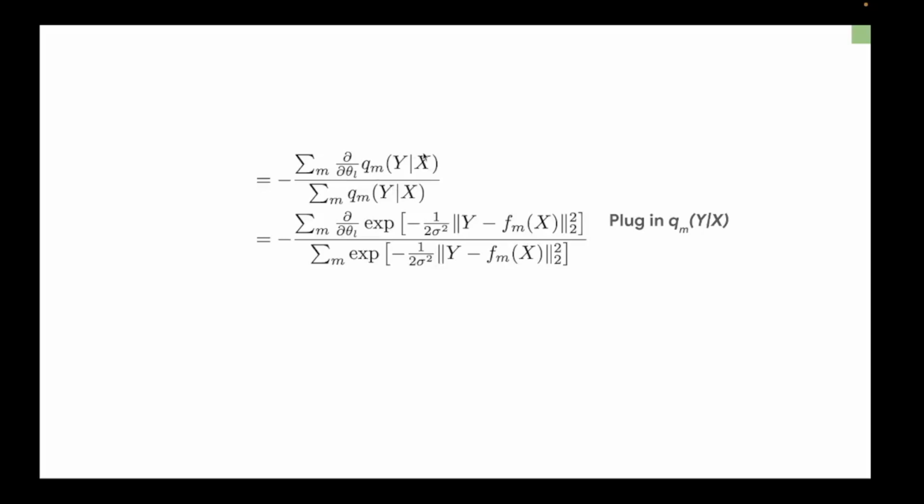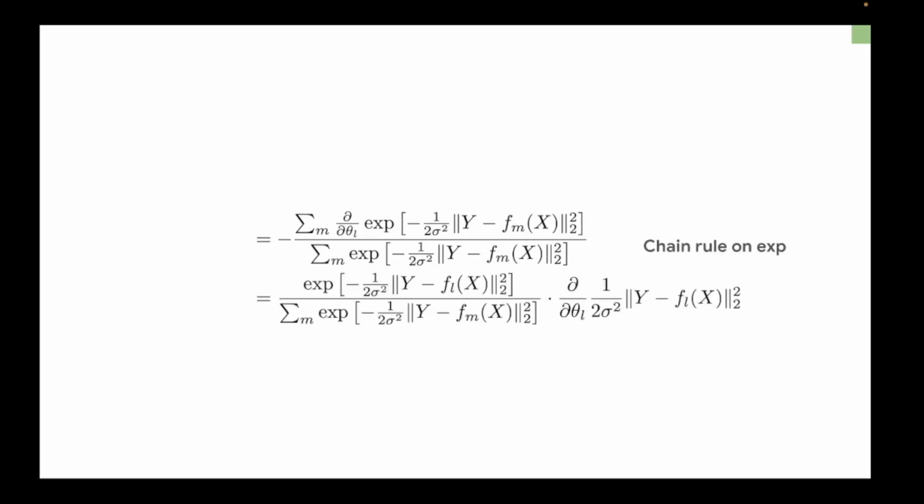Let's plug in the q_m of y given x. Remember, that's just the density function for the mth component. And now you do chain rule on x. So there's nothing really involved here. You just use chain rule over and over again. So for x, you have x here, but you derive the internal value here, right?